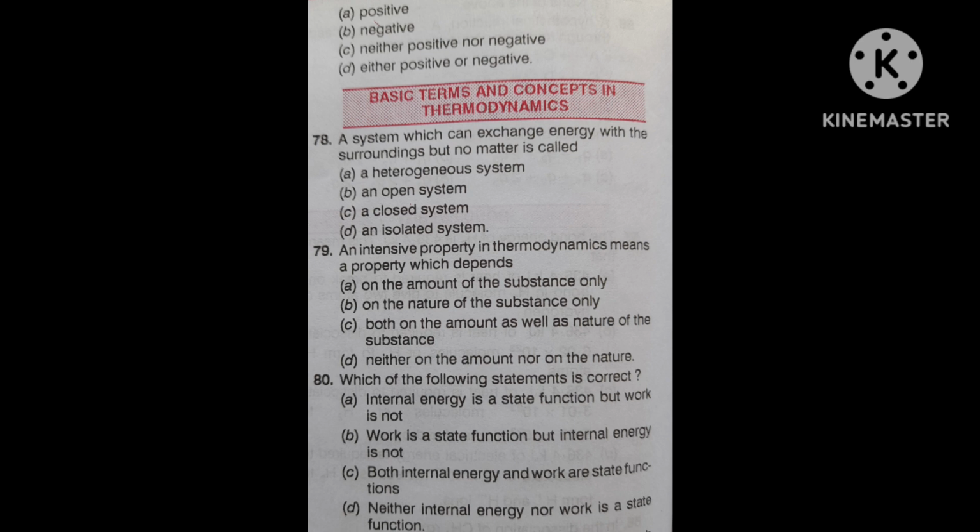The sign of delta G for the process of melting of ice at 273 Kelvin and 1 atmospheric pressure.